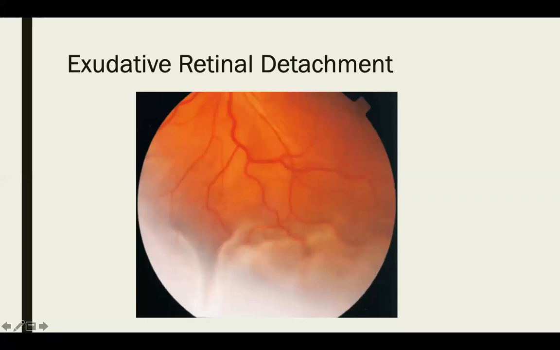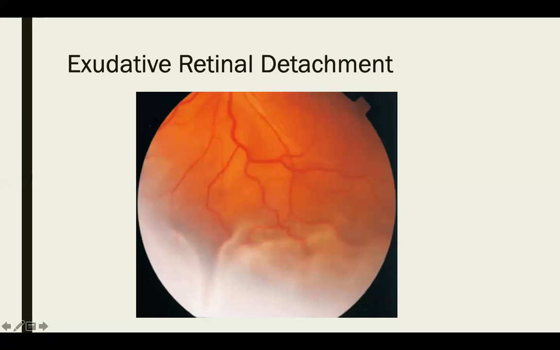Because of that break, the retinal pigment epithelial cells are exposed and reach up to the vitreous cavity. If there is no break, then there should be no brown cells within the vitreous cavity. In exudative retinal detachment, there will be no brown cells.